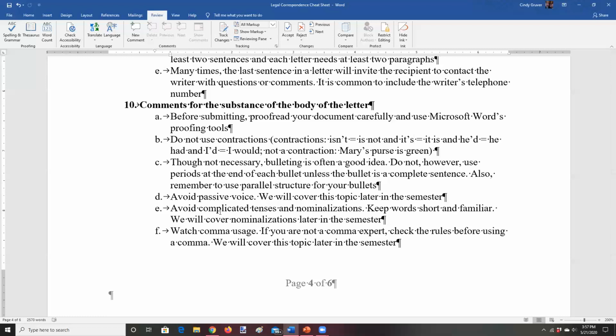Second is it creates ambiguity. Many times people use passive voice to avoid saying who's doing a particular thing. For example, I might write an assignment that says, points will be taken off if you do X when you submit the assignment. Well, who's taking off the points? I am, but I don't want to own that. I don't want you to be mad at me.